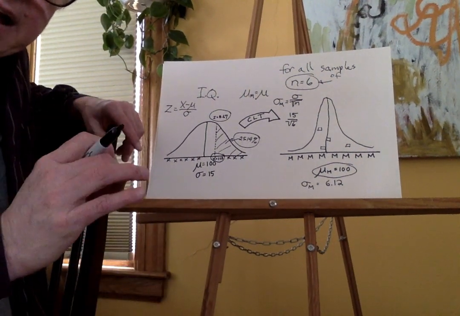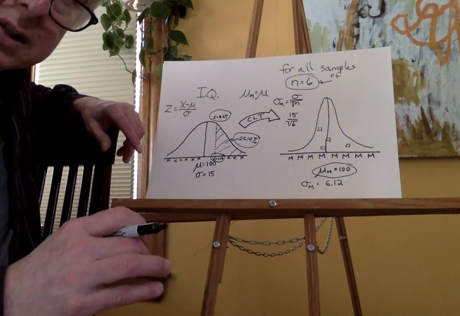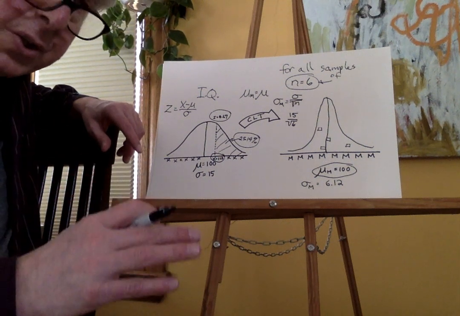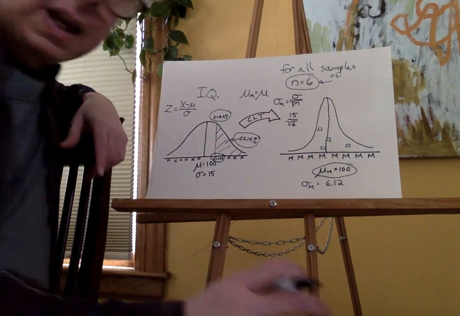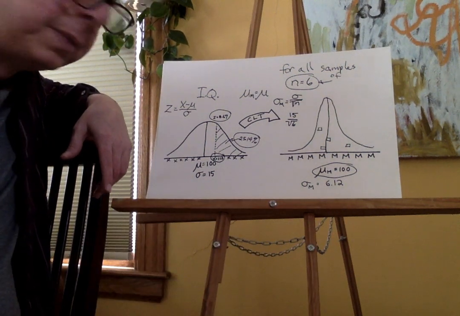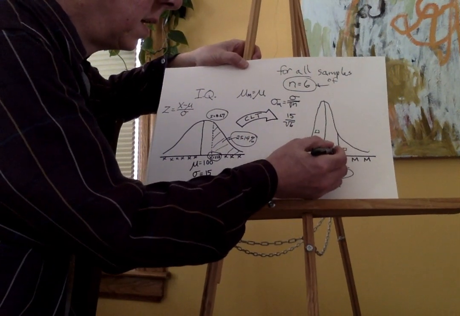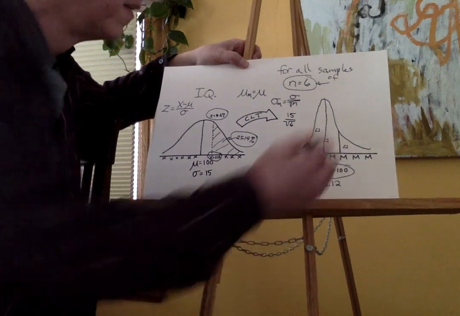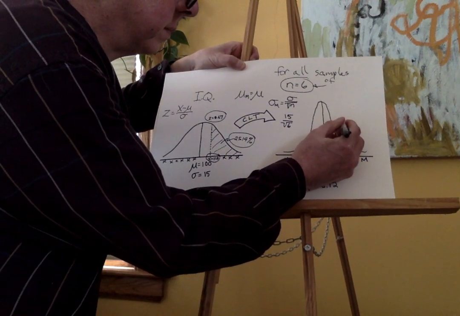I'm going to ask the analogous question for samples of 6. And here's the question. What is the probability that I would take out a sample of 6 people and their mean would be above 110, okay?